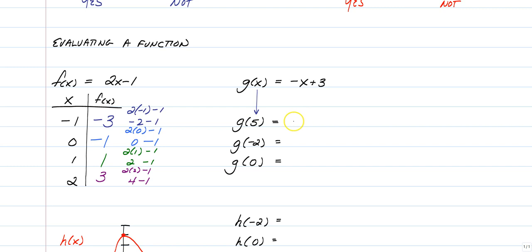I always substitute in my values in parentheses. Always, always, always. It'll be a lot more helpful to you. So that would be negative (5), and then of course plus 3. So we have negative 5 plus 3, which gives us negative 2. So g of 5 is equal to negative 2.